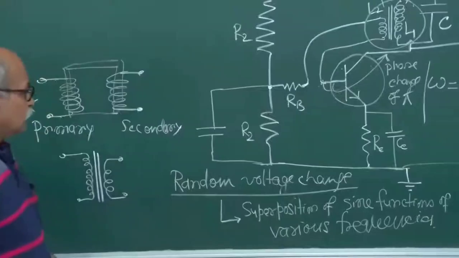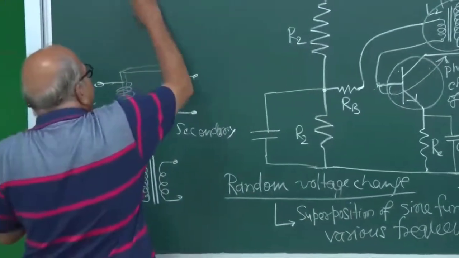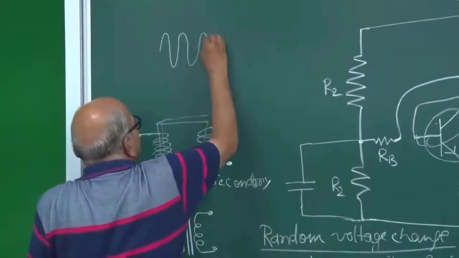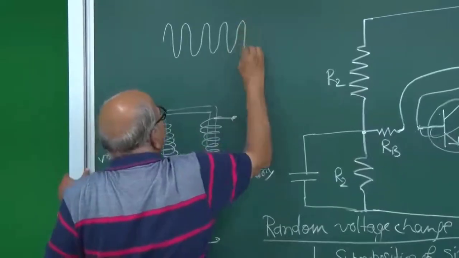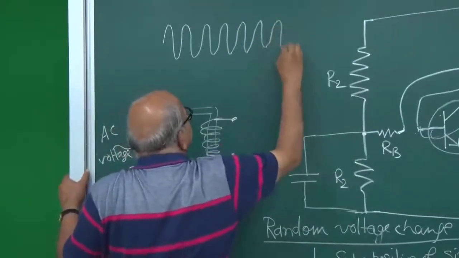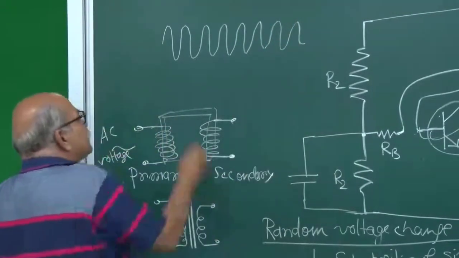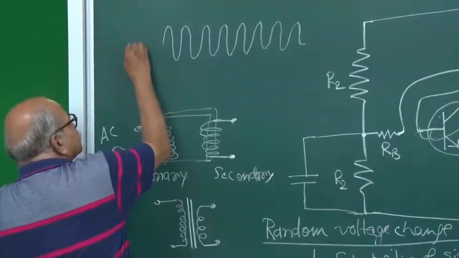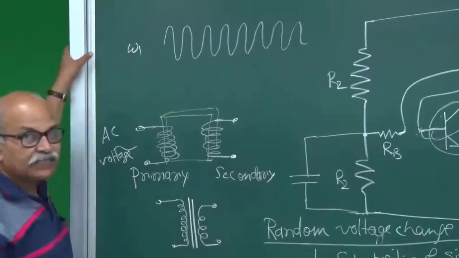of various frequencies. Say a sine wave is just like this, or a sine function is just like this. It has a definite frequency. Let us say this is angular frequency omega 1.